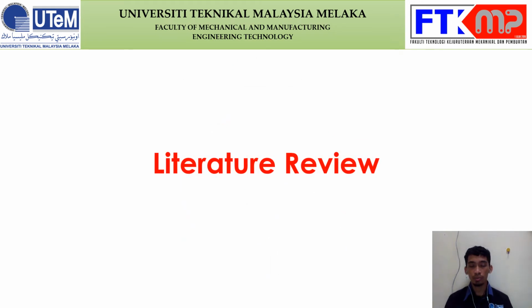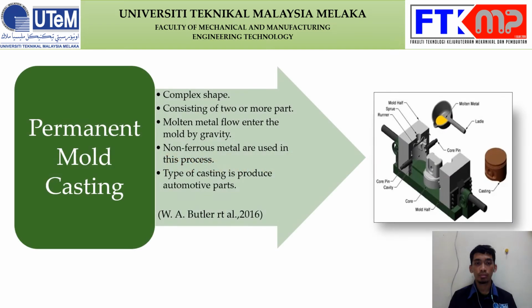Okay, now let's focus on the literature review for this project. Permanent mold casting is widely used for complex shapes. Usually, it is made from metal, consisting of two or more parts. It can also be repeatedly used for production.